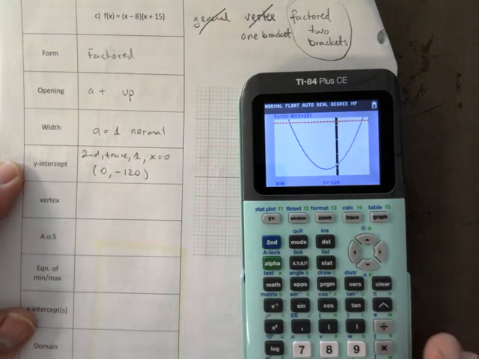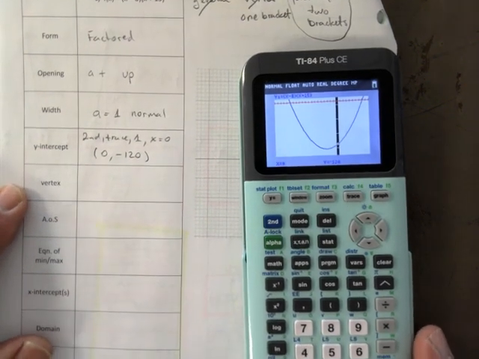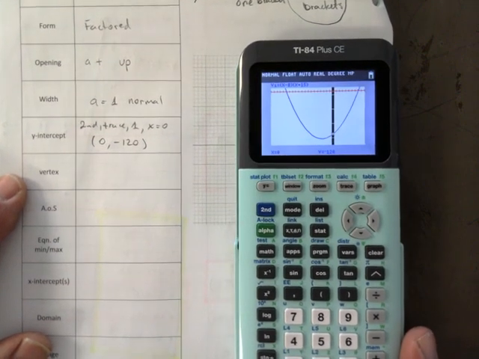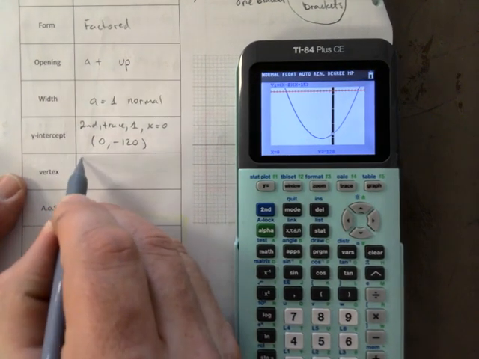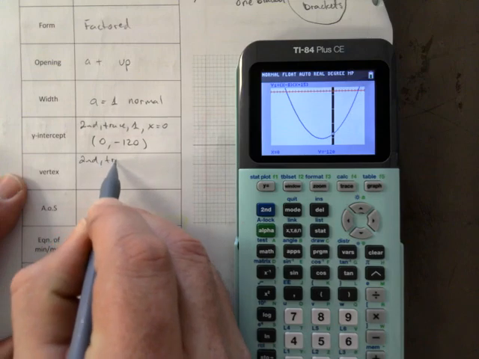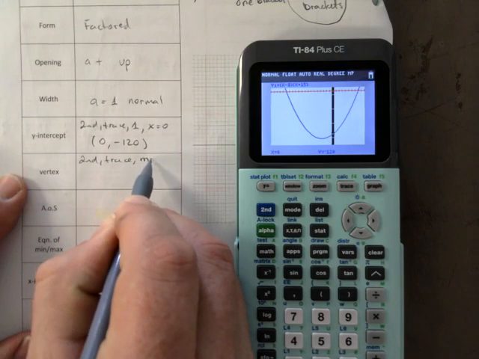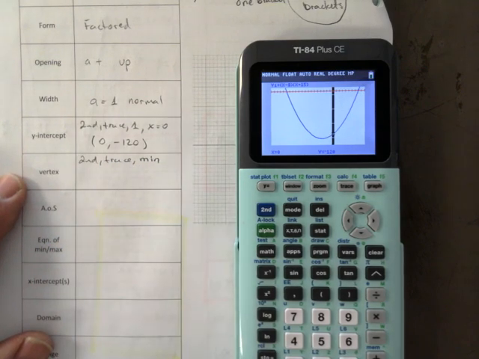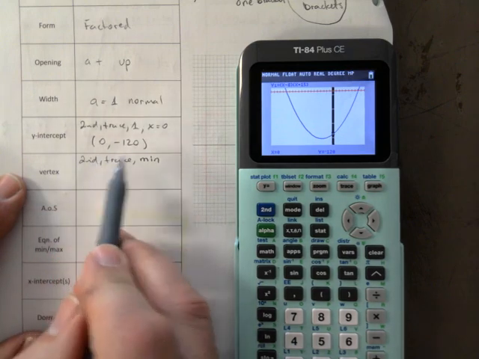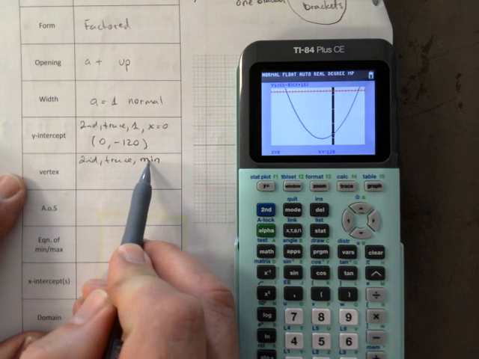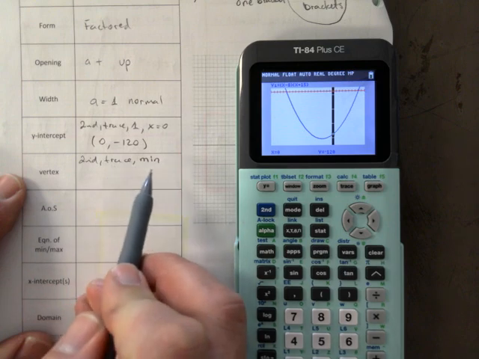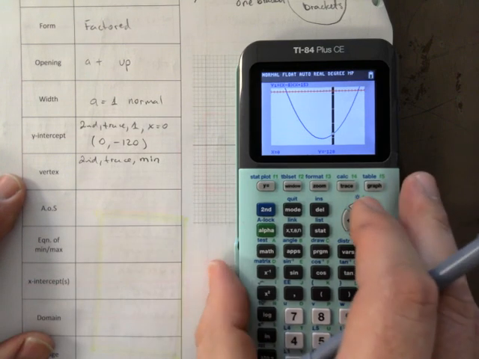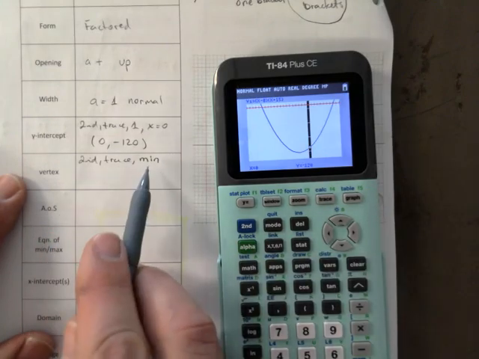And I used somewhat easy numbers, okay? Round numbers. The vertex, second trace, in this case it's a min, so you could go second trace 3 if you wanted to. Some students give me every single step they take. Sure, you can go for it if you want. You're not going to lose marks. But this is the bare minimum.